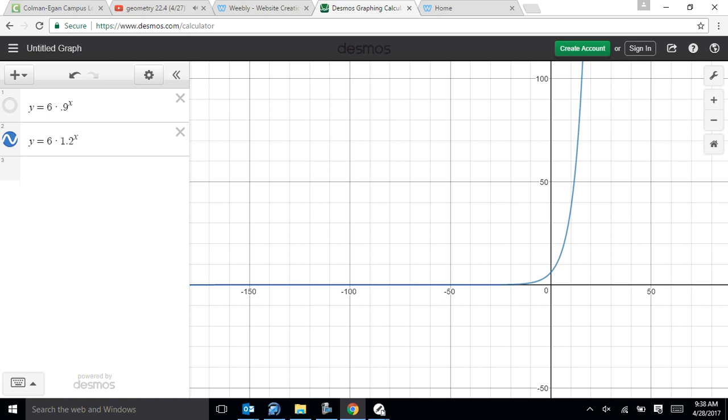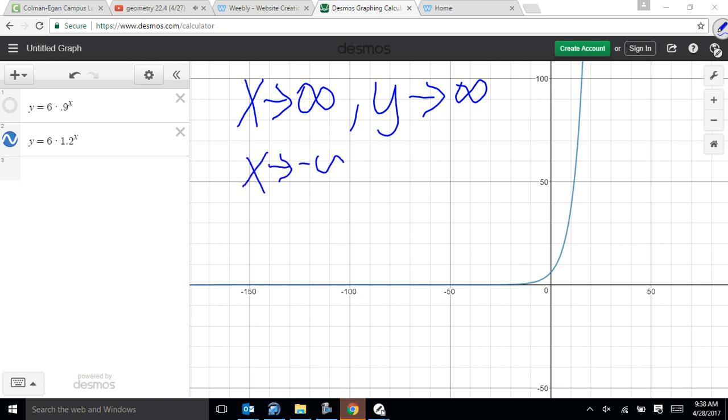What's the right end approaching? Y approaches positive infinity. Now let's look at the left end behavior. As x approaches negative infinity, where's our graph going? To 0, right? We have a wall. So a wall is a horizontal asymptote.